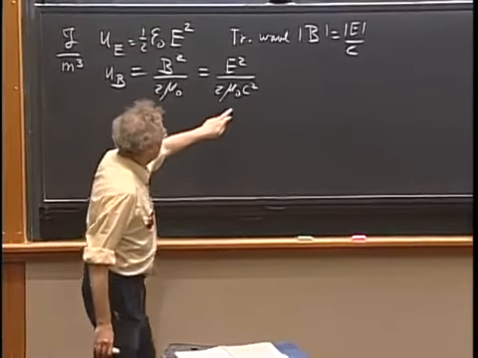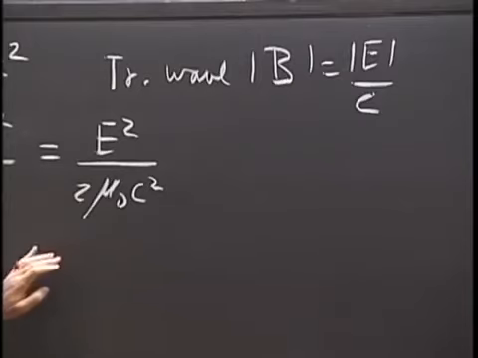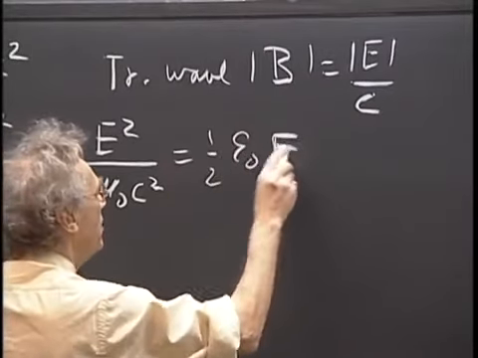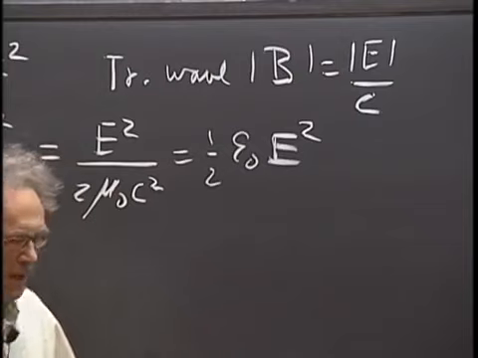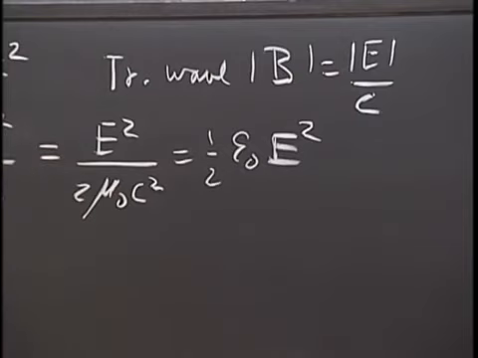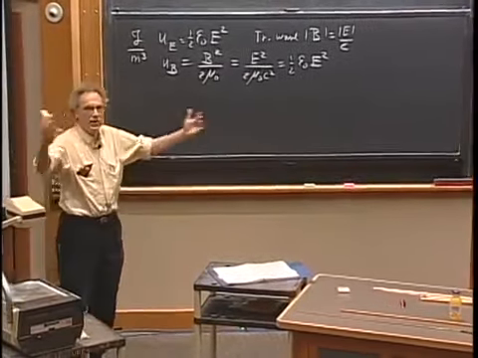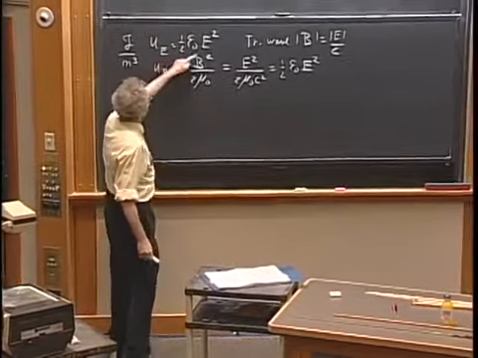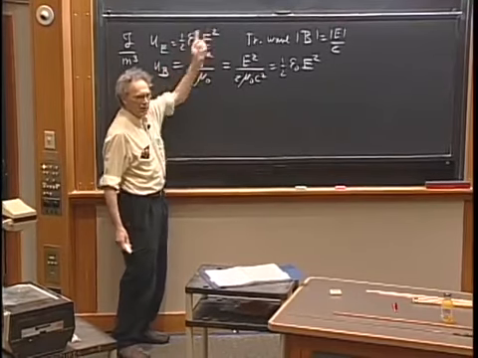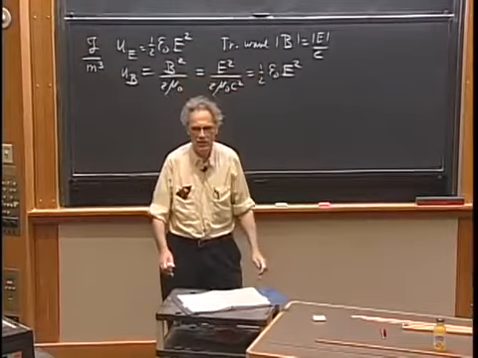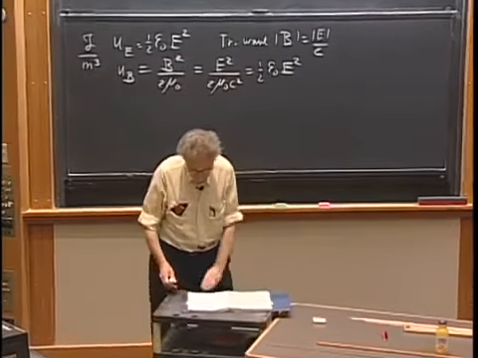But c squared is 1 over epsilon 0 mu 0, so this is also 1/2 epsilon 0 E squared. And what you see now is so wonderful, so beautifully symmetric in electromagnetic waves. One is the same as the other. One cannot exist without the other. And look, the energy density in the electric field of a traveling wave is exactly the same as the energy density in the magnetic field.